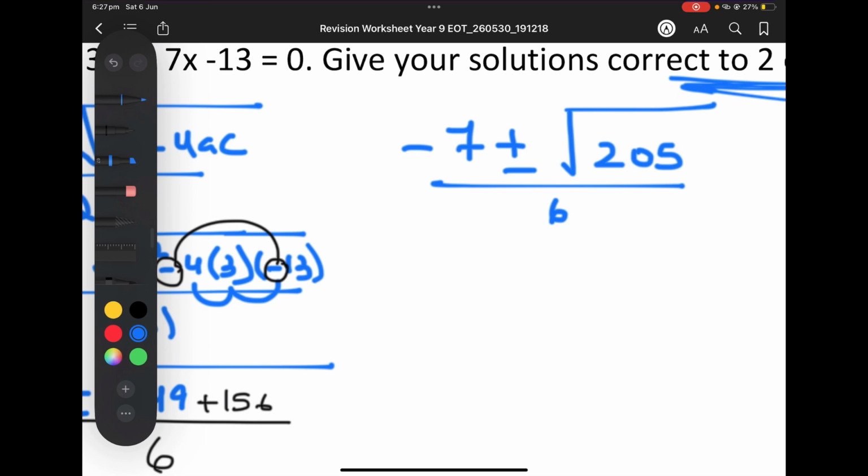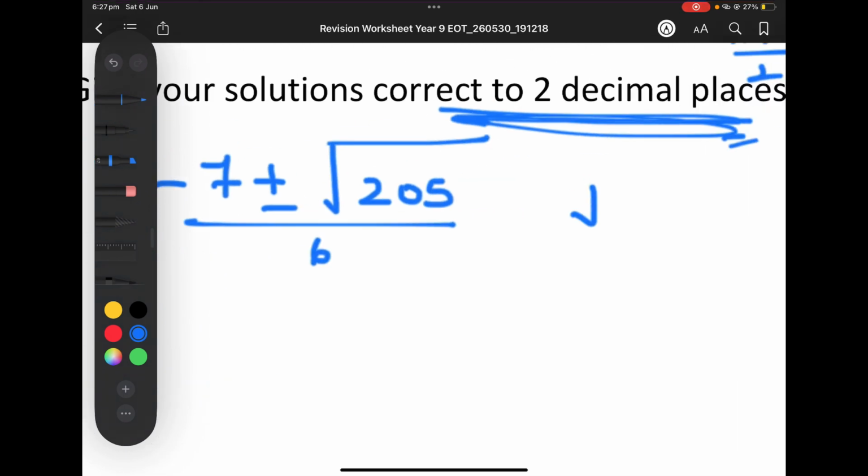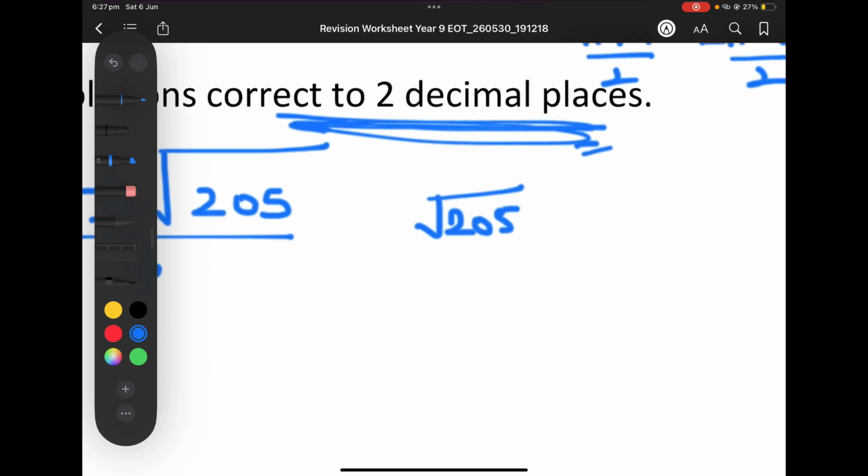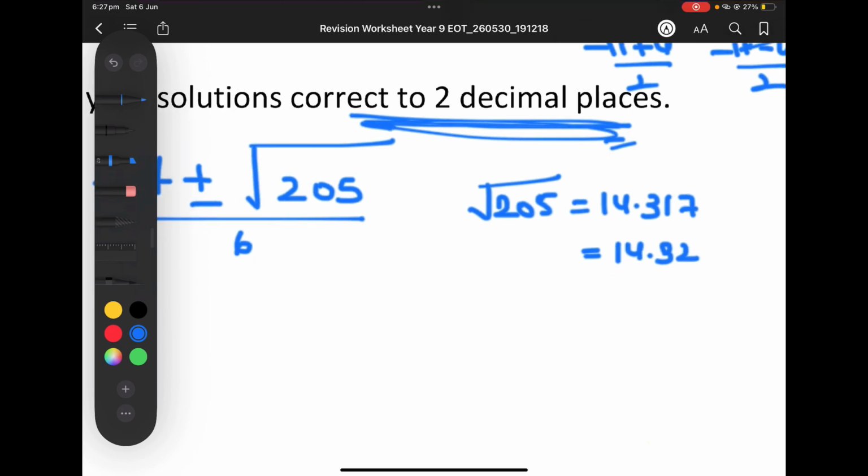Then find out the root of 205, because he said correct it to two decimal places. Root of 205 is 14.317. That turns out to be 14.32, rounding off to two decimal places. This is what you do.